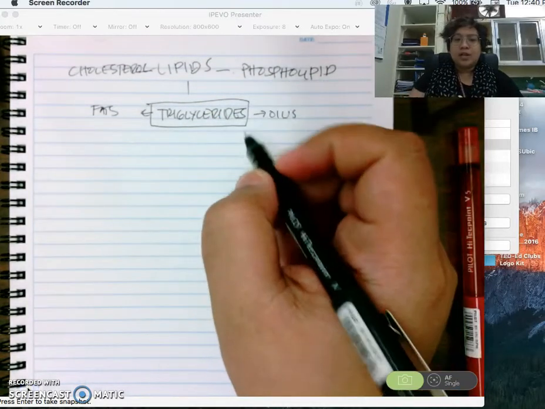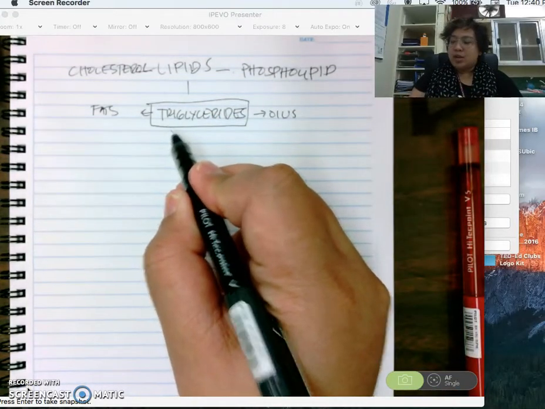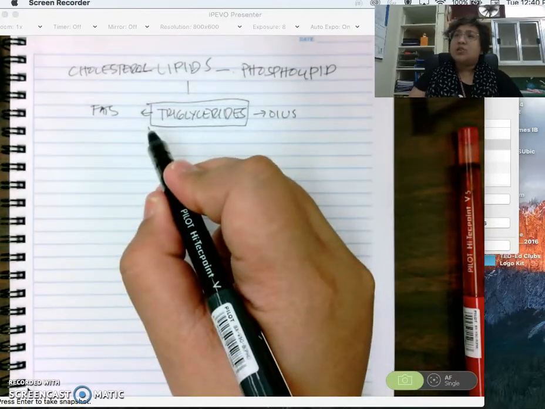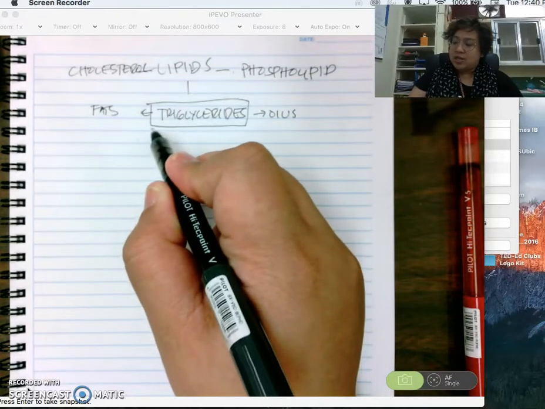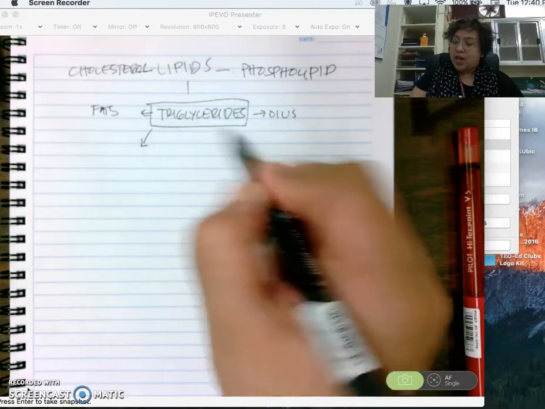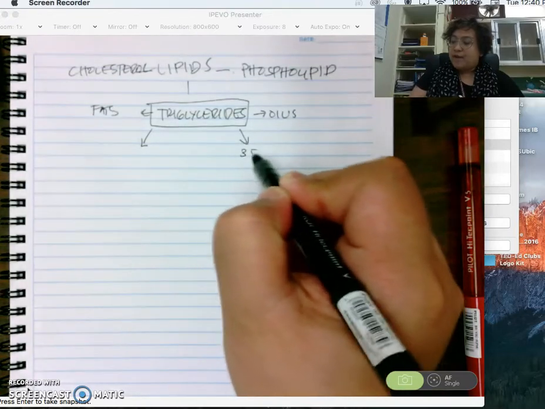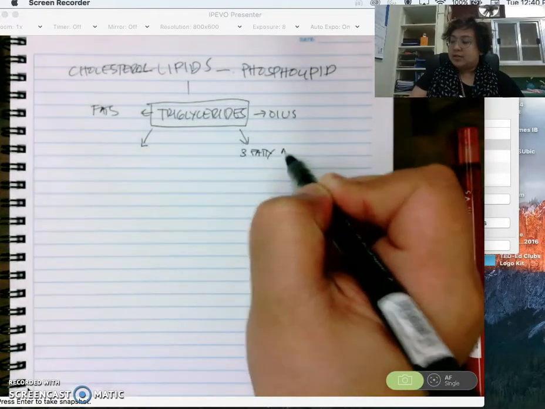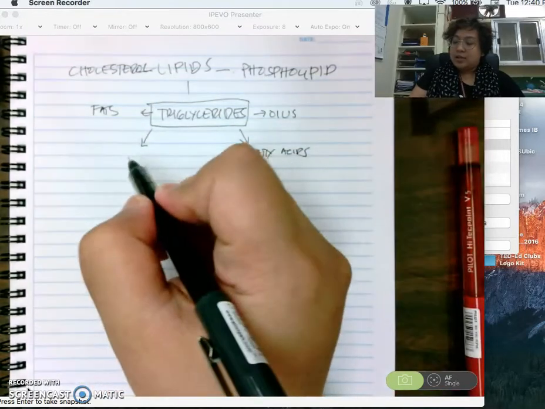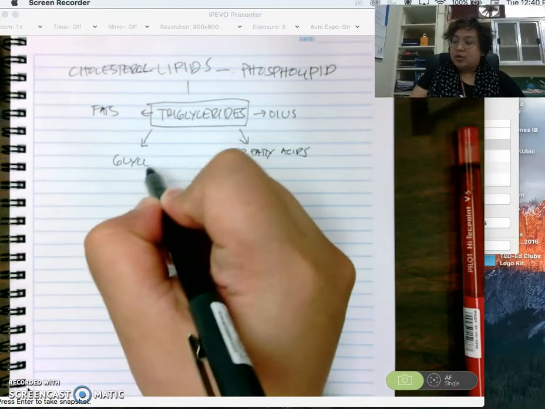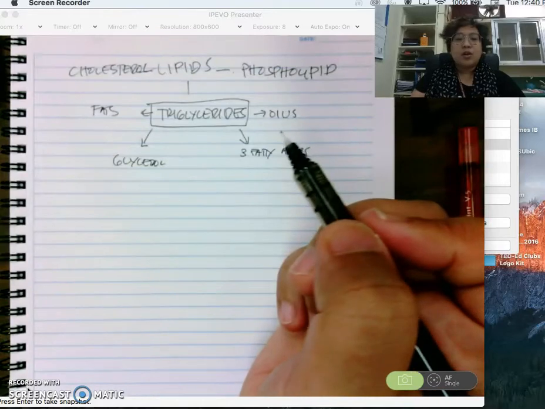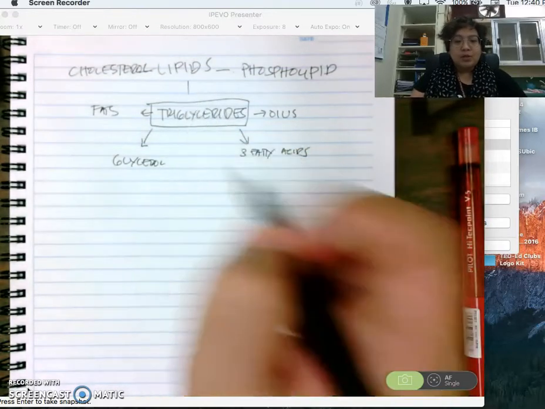So from the word itself, tri meaning three, and glycerides, this actually means that your triglyceride is made up of three fatty acids that are linked to your glycerol molecule. And let me show you the structure.